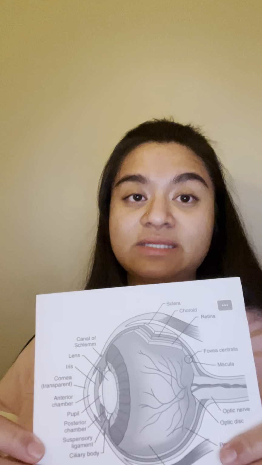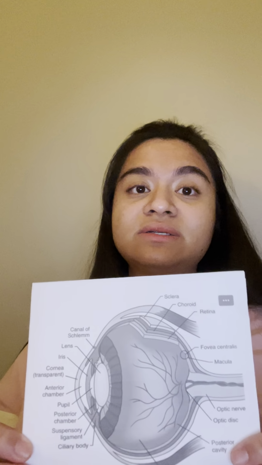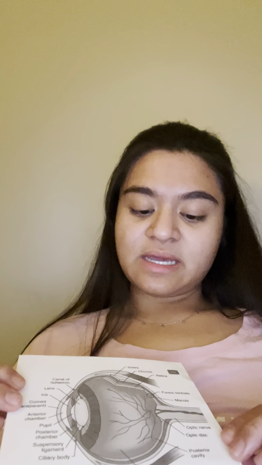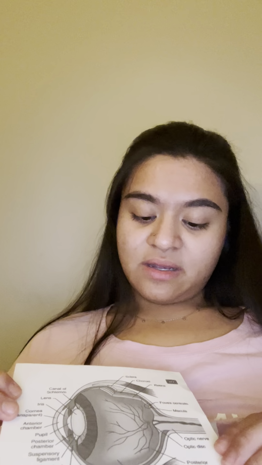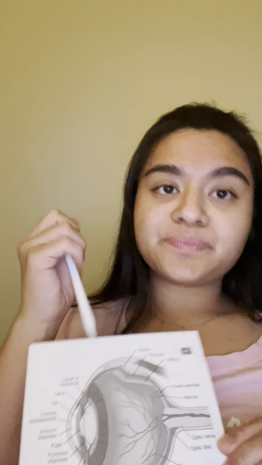Last disease I want to talk about within the eye is retinal detachment, and it can be a medical emergency. As it says in the name, it does affect the retina.